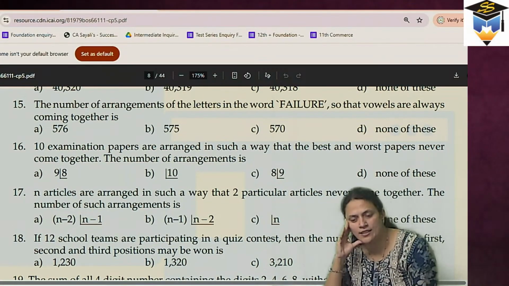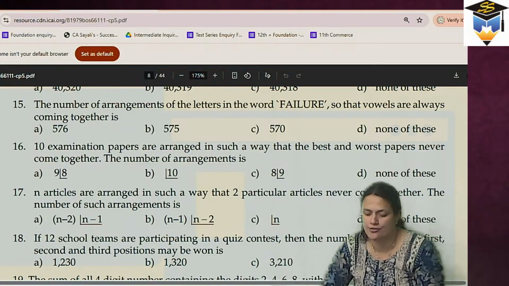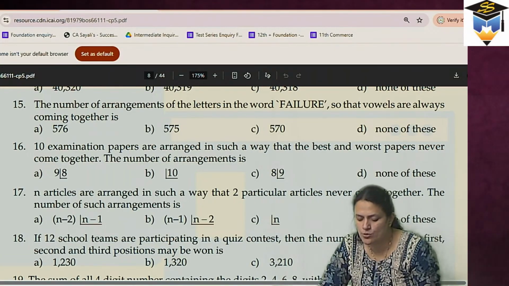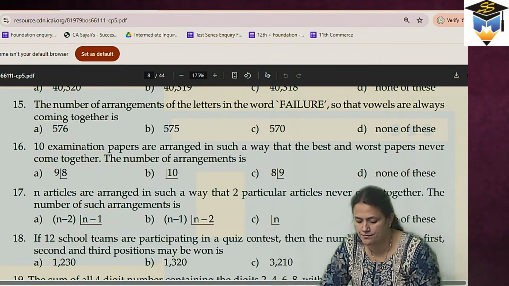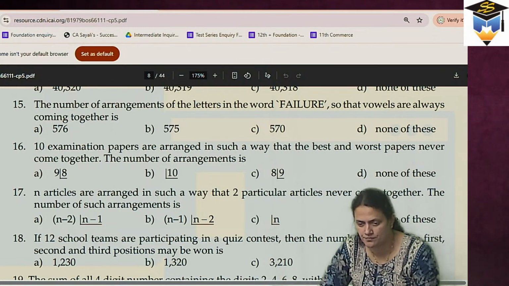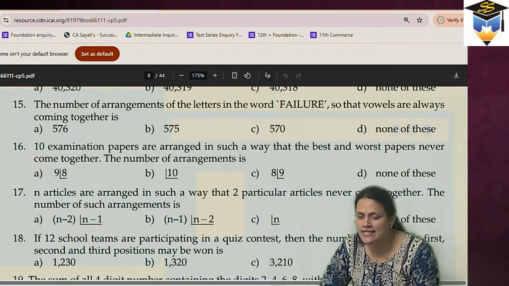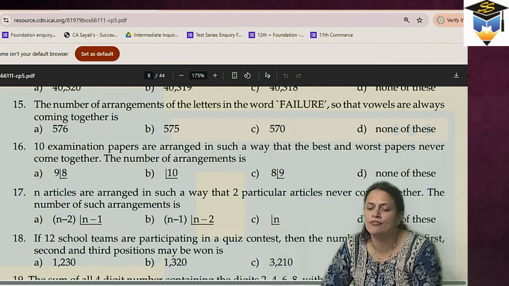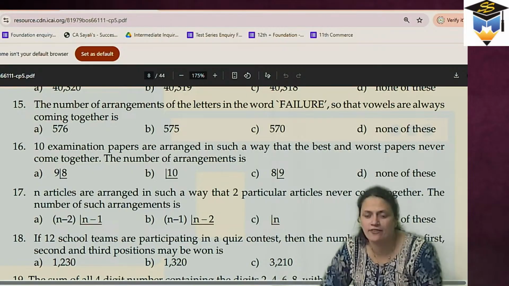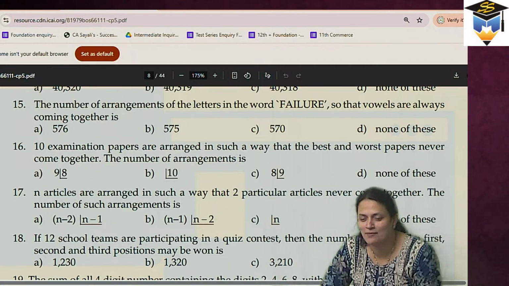So 15th is done. Now do the 16th question. Ten examination papers are arranged in such a way that the best and worst papers never come together. So the number of arrangements are.